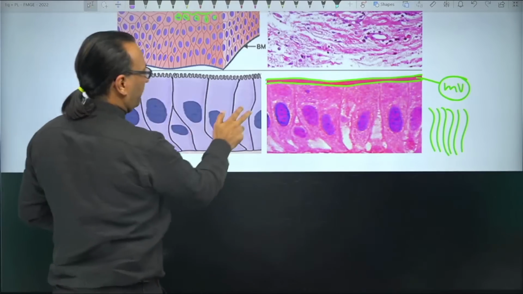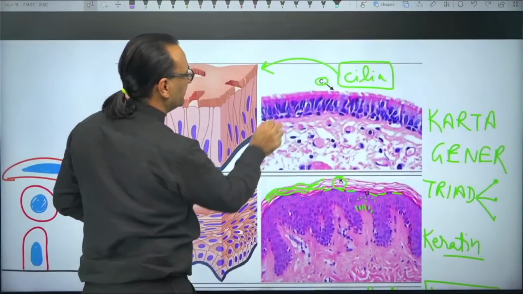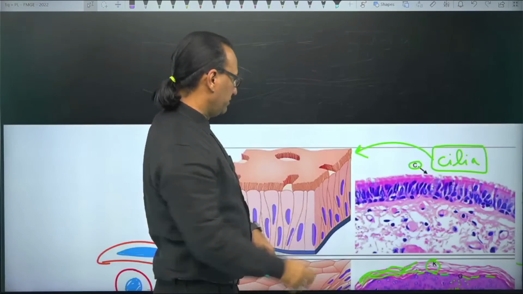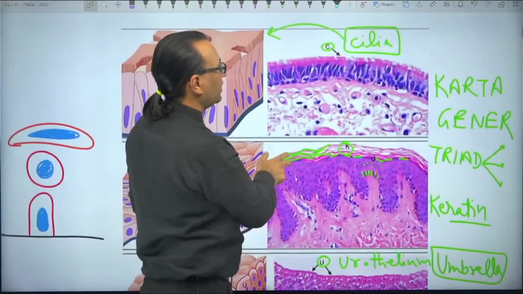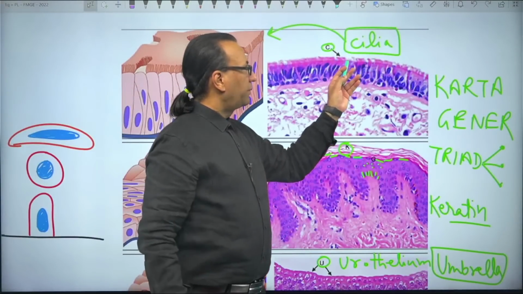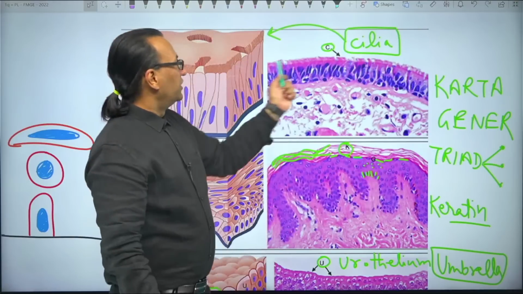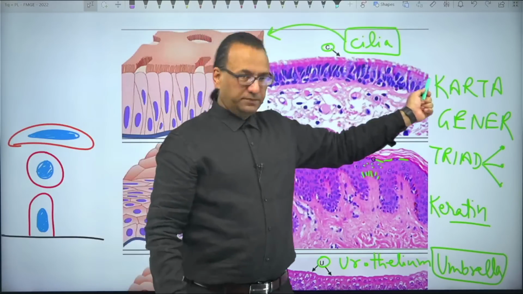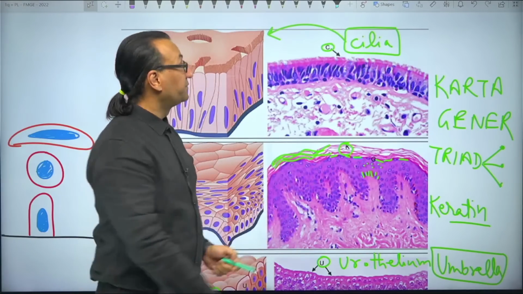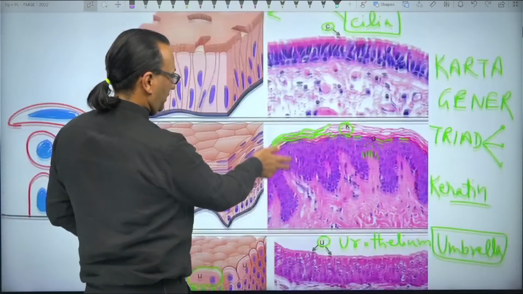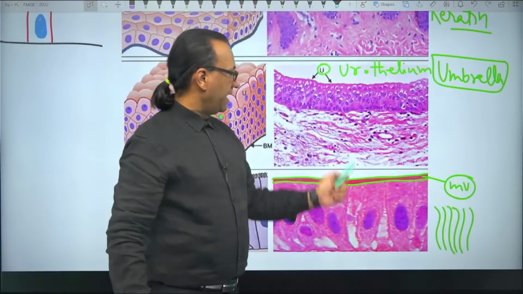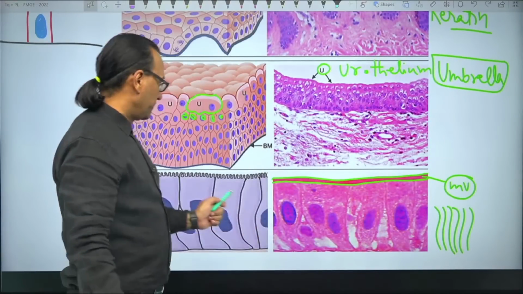In this diagram, we have seen the cilia. Cannot zoom too much, but you can notice the thread-like processes and clumping of those threads. This is cilia, this is keratin, and this is the urothelium, and that is microvilli.